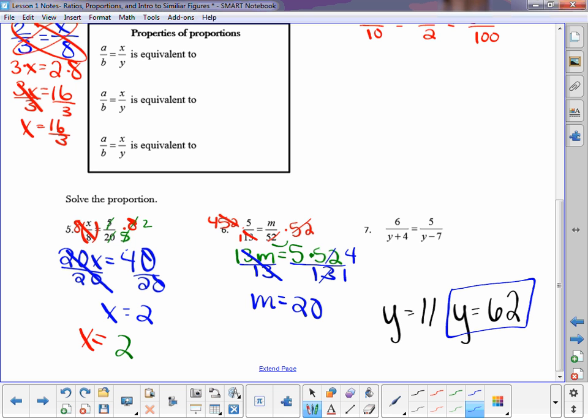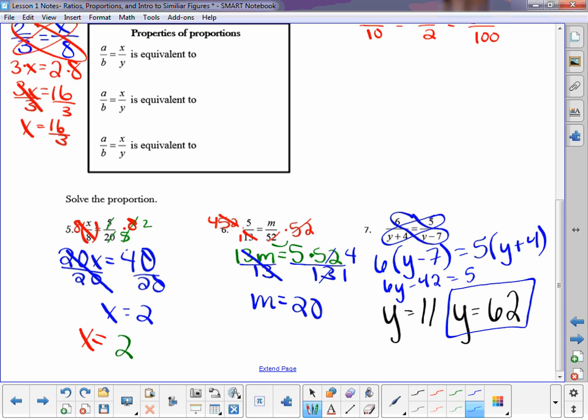When we cross multiply, we should have 6 times the quantity y minus 7 equals 5 times the quantity y plus 4. Do we agree with this? Yes. And then we have to distribute, and we end up getting 6y minus 42 equals 5y plus 20. And that's what yielded this answer of y equal to 62.